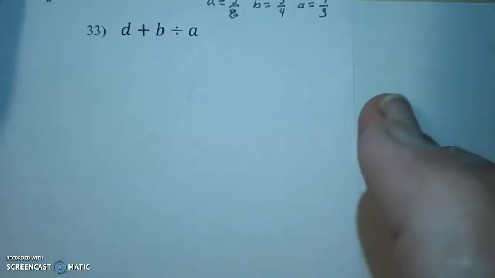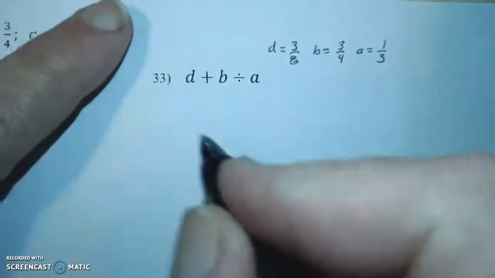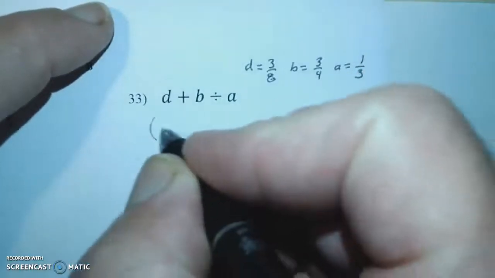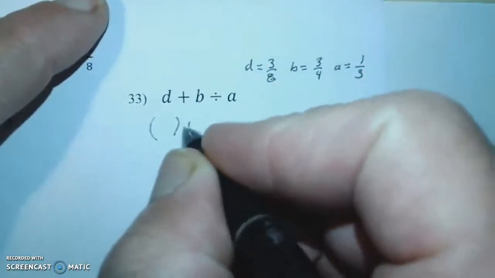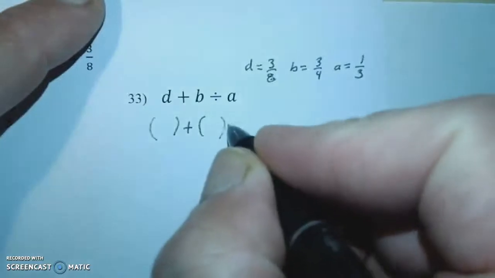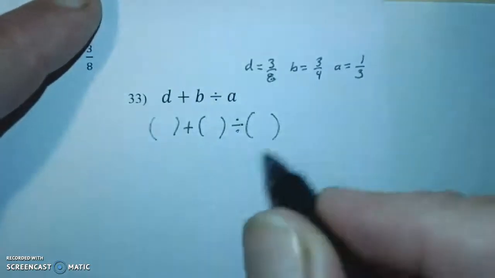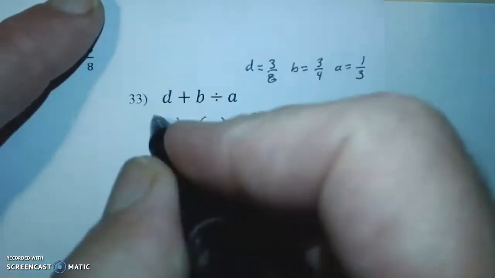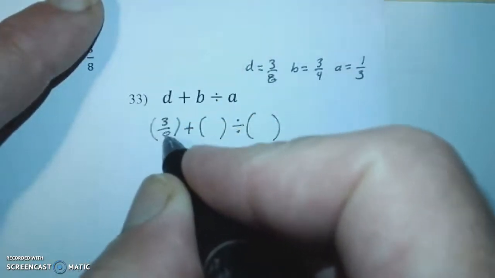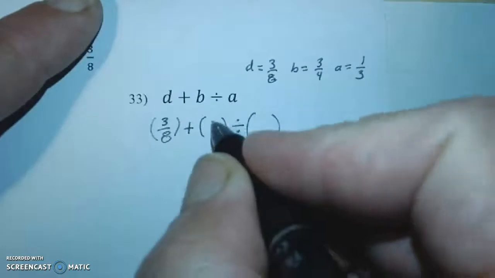Okay, problem 33. Again, put parentheses where each variable is. And then plug in the numbers. D is 3/8. B is 3/4.